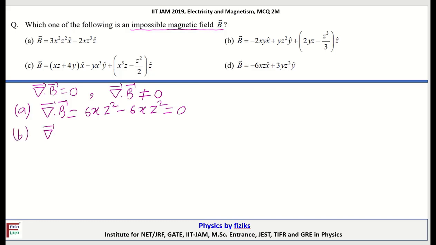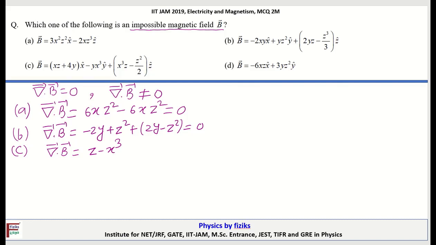Again, divergence of B is given by minus 2y plus z square plus 2y minus z square. So that is again 0. Now let's check option C. Again, divergence of B is given by z minus x cube plus x cube minus z, and that is equal to 0.